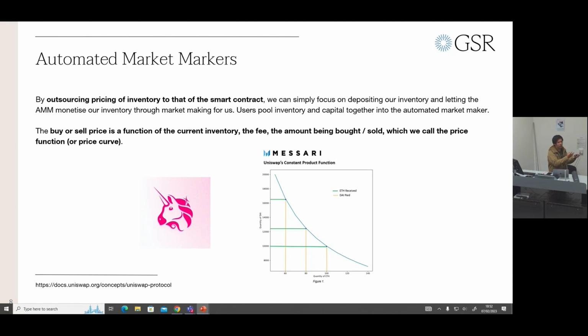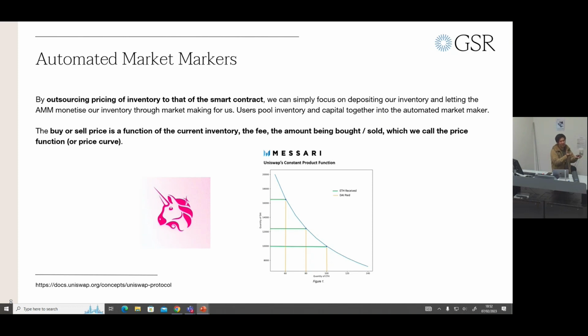And what they would do is take those two assets and trade between them for you. So it has a pool of ETH and a pool of USDC, and it will try to trade with those, because you need ETH to sell and you need USDC in order to buy some Ether as well.